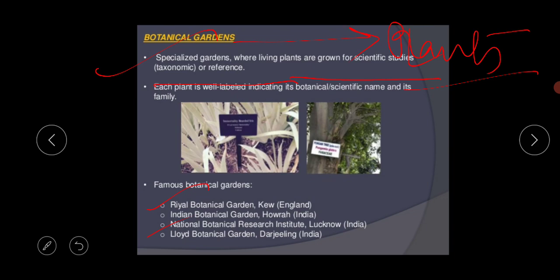They also grow and maintain records of local flora and grow plants of various types for research. They provide seeds and living materials to different research centers, coordinate research through the International Association of Botanical Gardens, and carry out ex situ conservation of endangered plant species.